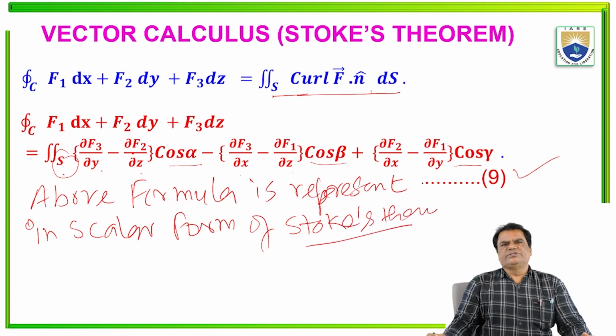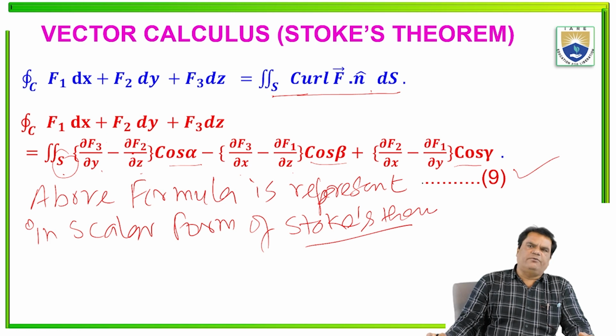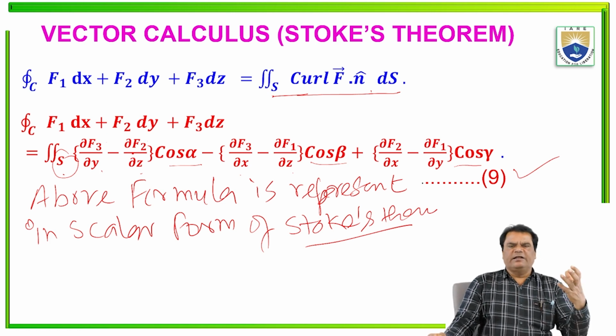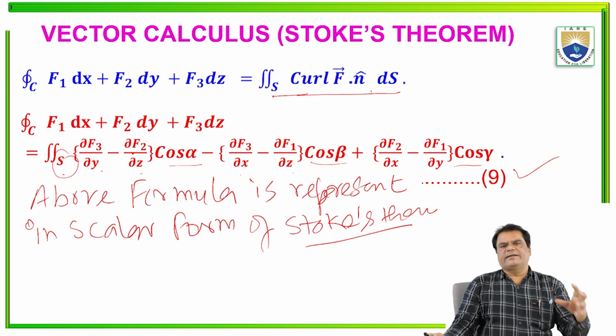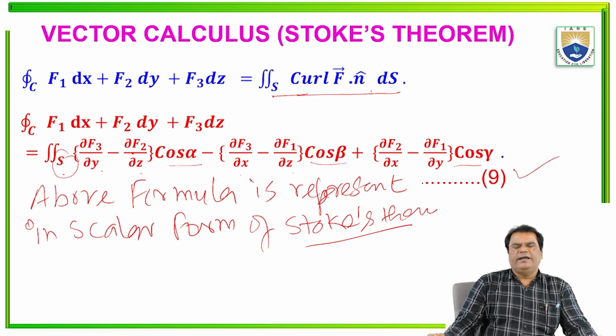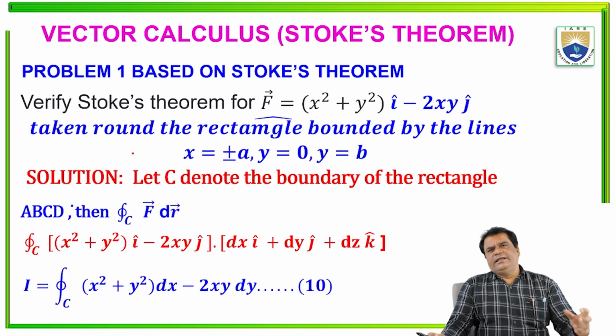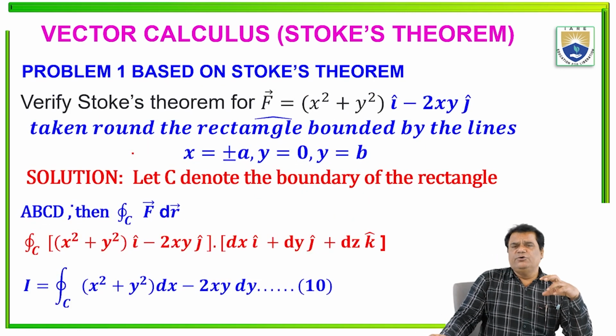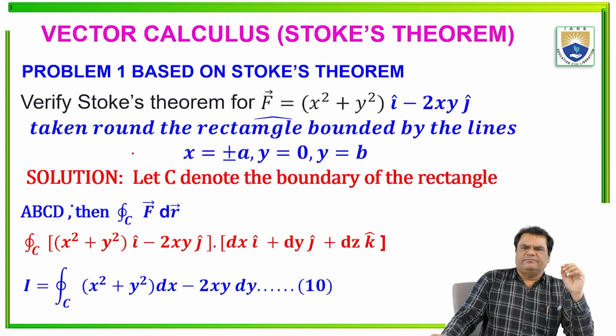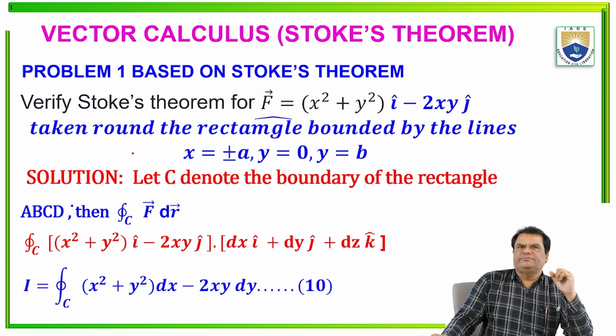This formula is in scalar form, not in vector form. In vector form, we convert to scalar form, taking the dot product and cross product of all vectors. So basically, the scalar formula we use in our questions, not the vector formula. Vectors are converted to scalar form, then we find the value of the integrals.